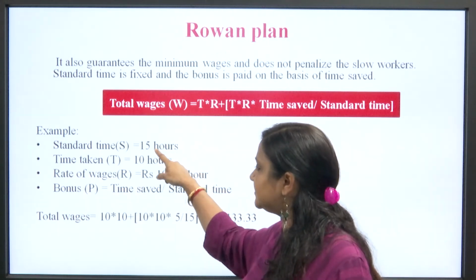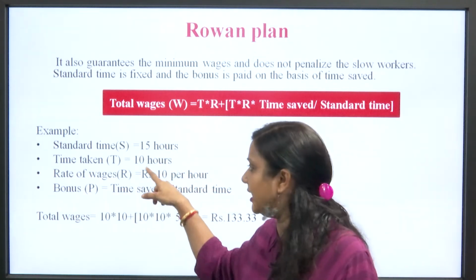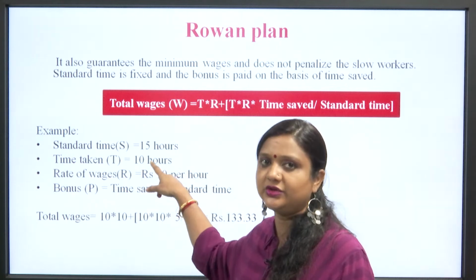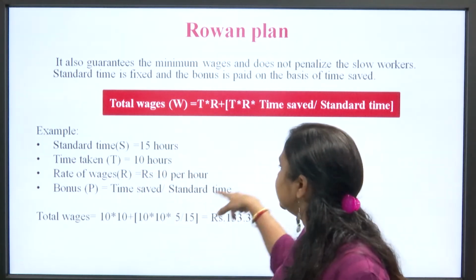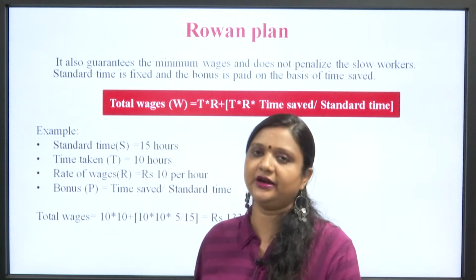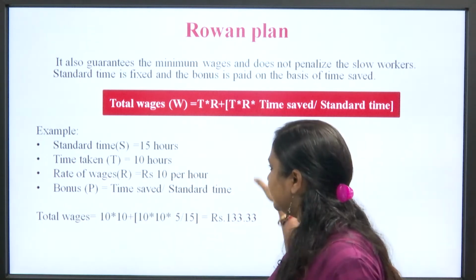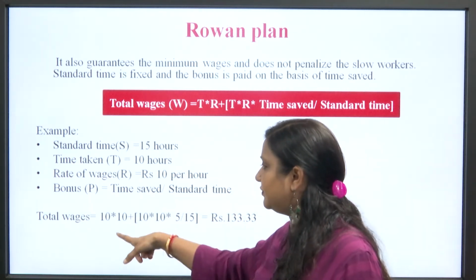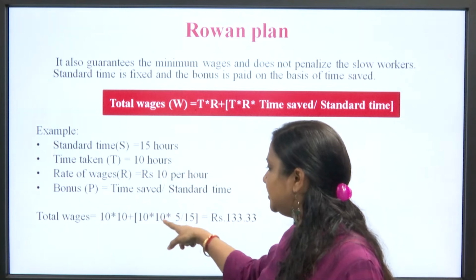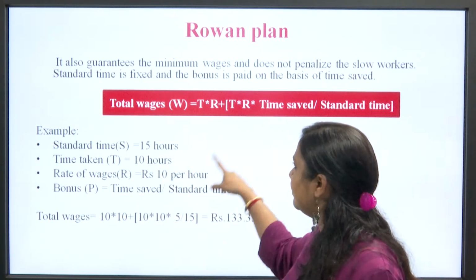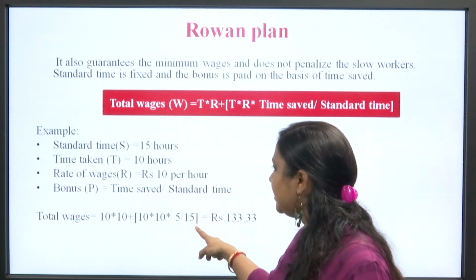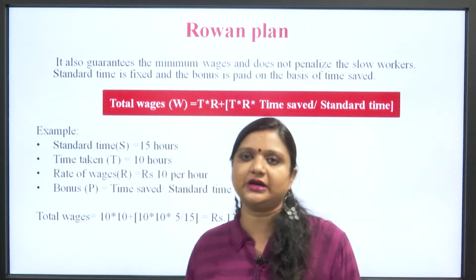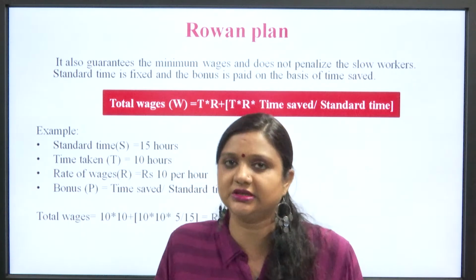In the example we have seen that 15 hours is standard time and the time taken by an individual is 10 hours. So, time saved is 5 hours that individual has saved. By putting all the values into the formula, 10 into 10 plus 10 into 10 into time saved, 15 minus 10, 5, divided by standard time, which is fixed by the organization, that is 15 hours.